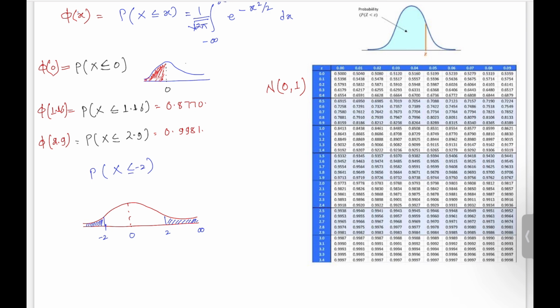So we have to use the same table. So how can we do that? We can simply find, what's the total area of this PDF?